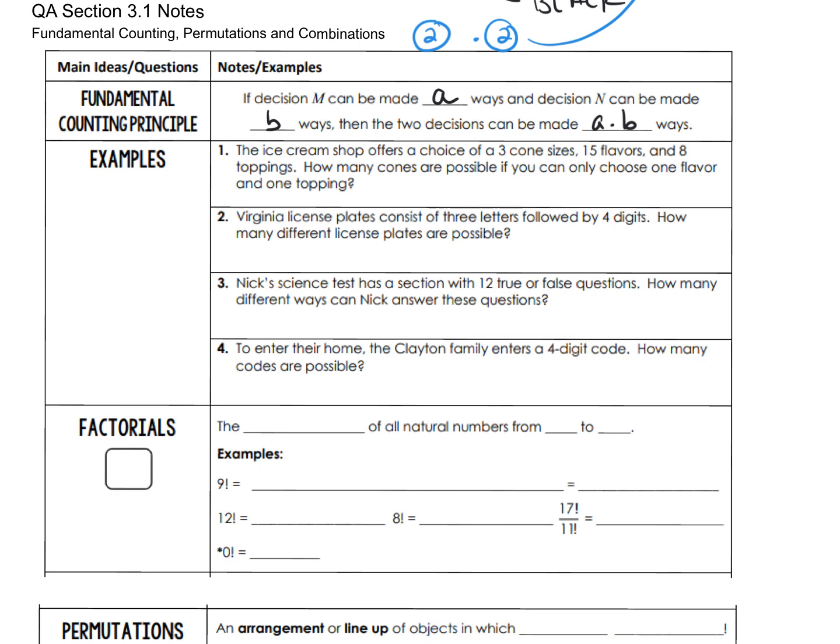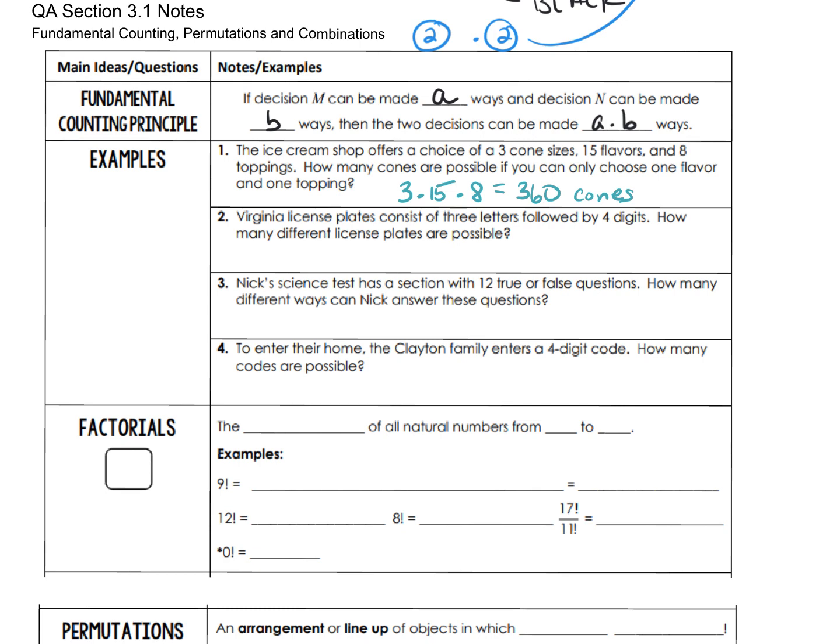All we simply do is multiply these out: 3 times 15 times 8 gives 360 different cone types. It could be a small cone with chocolate ice cream with sprinkles, or all these different kinds, right? So a lot of different types of cones can be made from these choices.